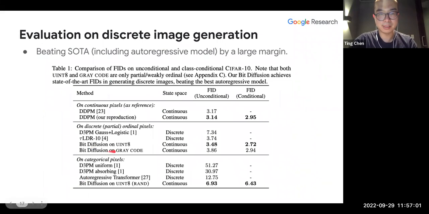You can see D3PM uniform, they are basically the discrete state space, and we're doing much better in this modeling. So there's a reason to believe maybe in the latent space, if you have data that's not discrete pixels but latent, our method might also work better, but we haven't tested, so we don't know.